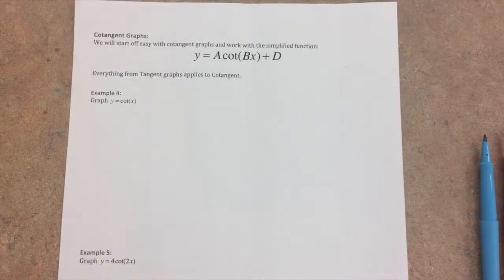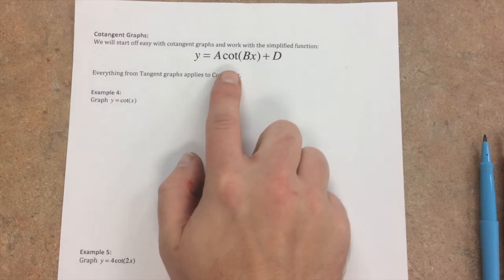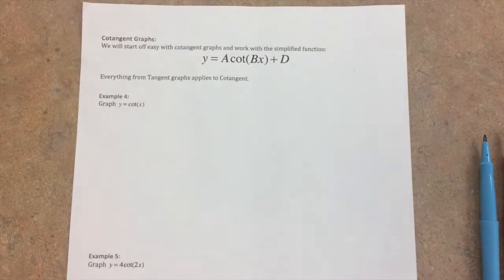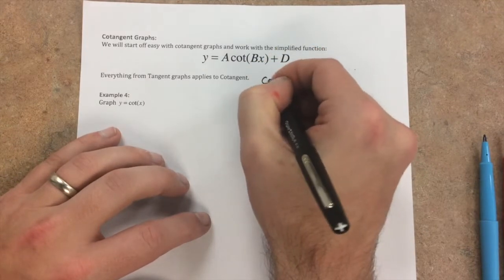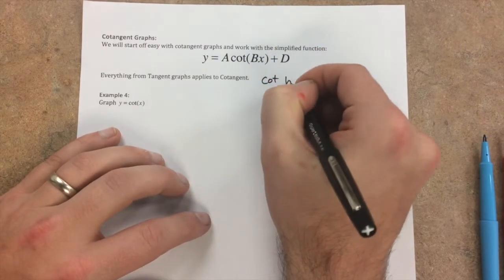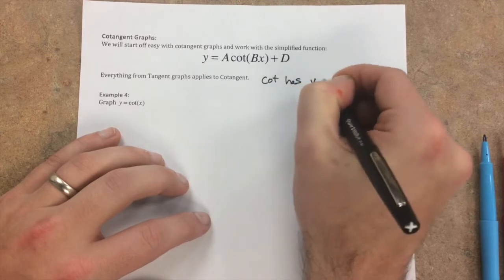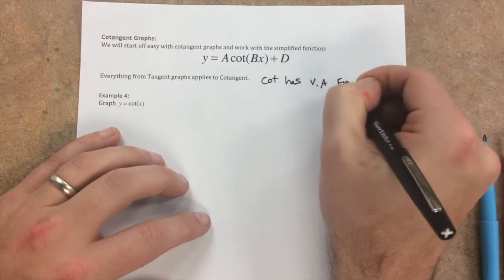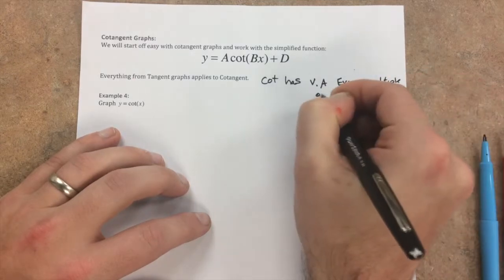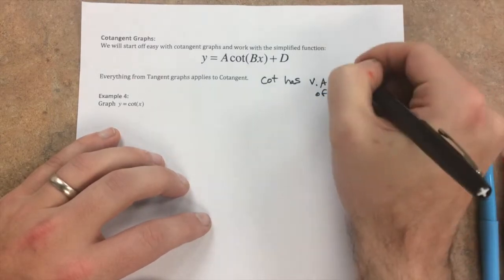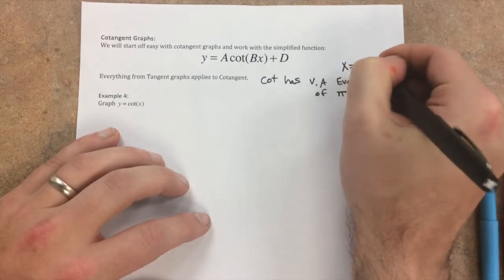Okay, so starting with the cotangent graph, we're just going to make things a little bit easier. Just like everything that we did with tangent, it's going to apply to cotangent. The only other thing: cotangent has vertical asymptotes every multiple of pi, or x equals k times pi.